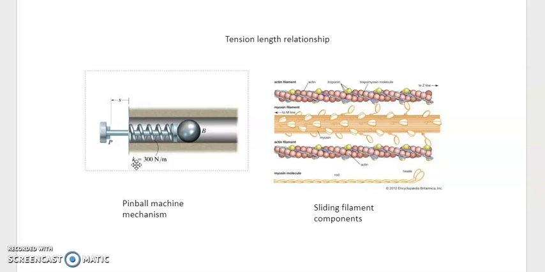So when you increase the length, you increase the tension, much like pulling on a rubber band, and in this case, the pinball mechanism. So when you put more tension on the muscle, then the myosin heads are going to be pulling with more force.